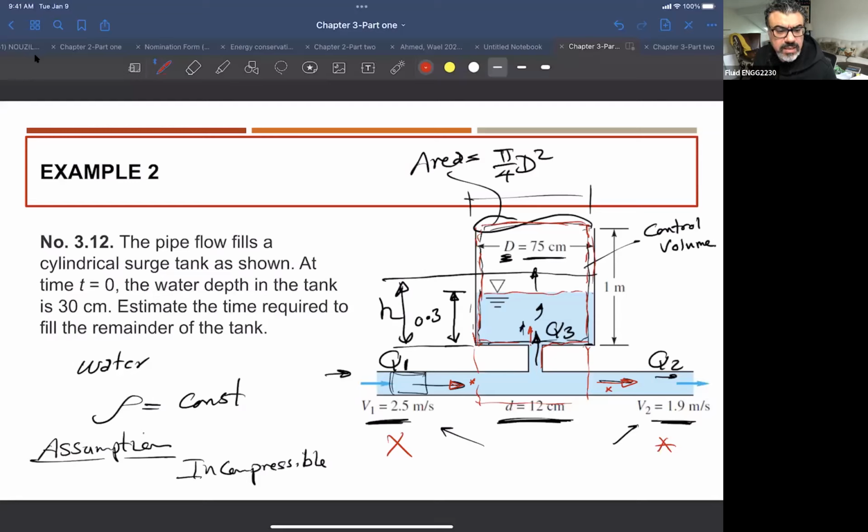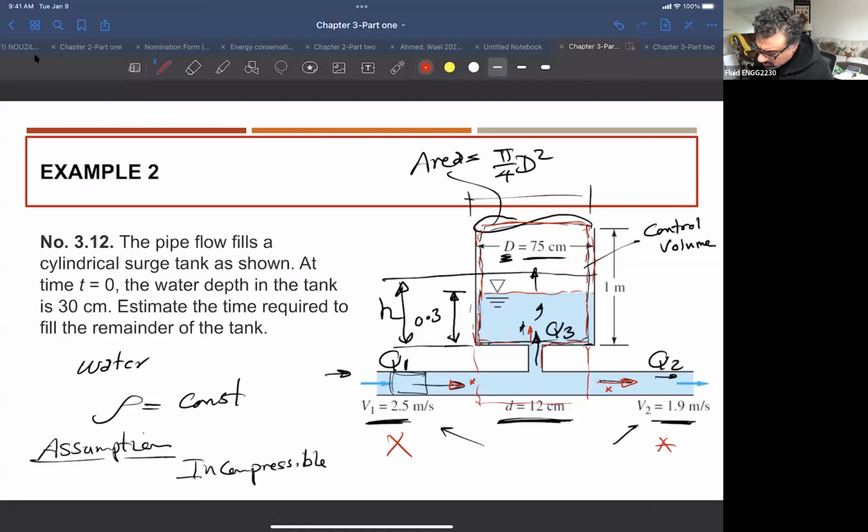And this is what is required in this question. It's asking you to estimate the time required to fill the remainder of the tank, starting from an elevation of 0.3 meters and going all the way up to 1 meter, which is the complete height of this tank, right?